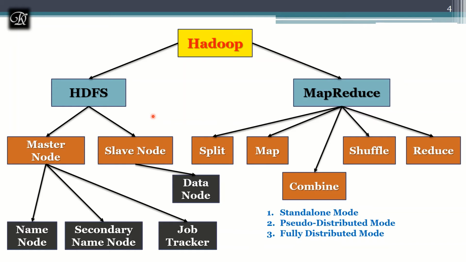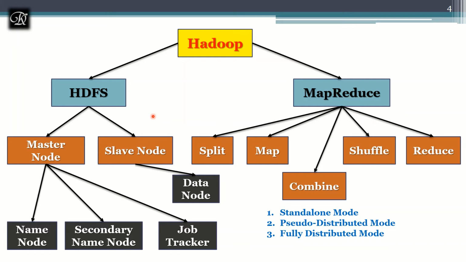So all these services are going to run on a single JVM. This can be configured on our laptops or desktops for educational purposes or for experimentation in the initial stages.